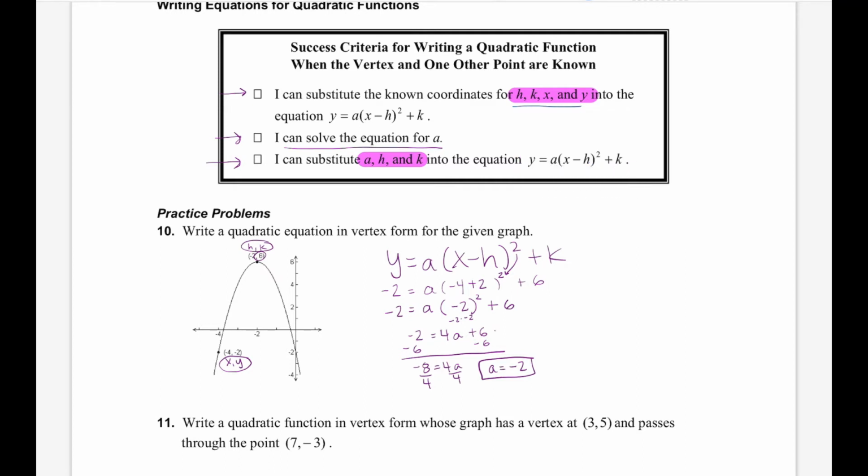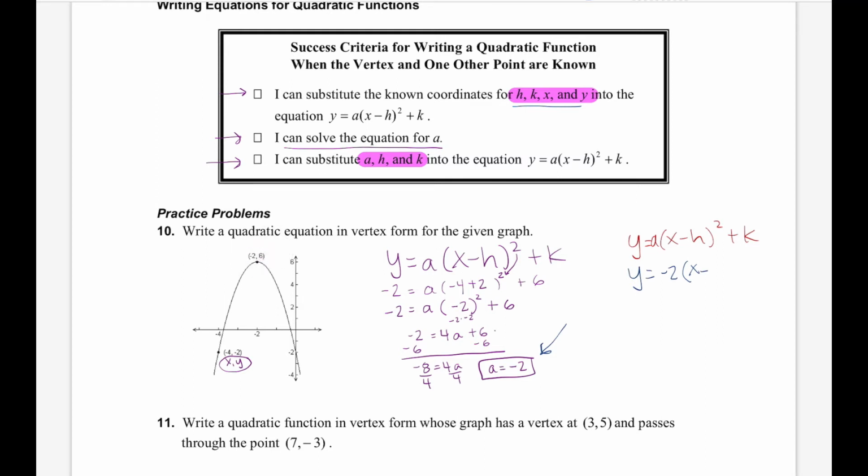Okay, so what I'm going to do, I'm going to take that equation there. I have y equals a times (x minus h) squared plus k. So we're not going to touch the x and the y. We're going to keep the y equals. I'm going to take this negative 2 and plug it in for the a here. Negative 2 times (x minus my h). My h is a negative 2.